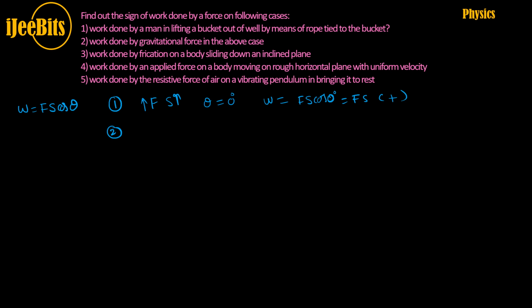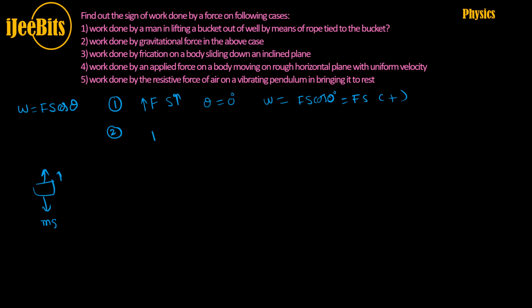Work done by gravitational force in the above case. So what we are saying is, one is you are lifting in the upward direction, but gravitational force is in the downward direction. The applied force is in the upward direction and the gravitational force in the downward direction. Right?